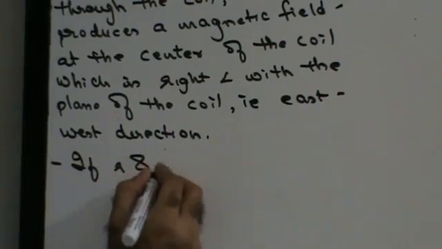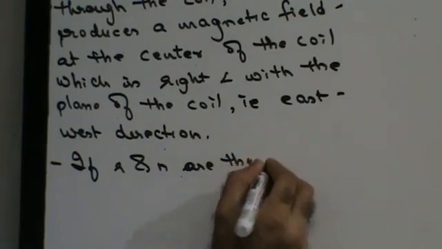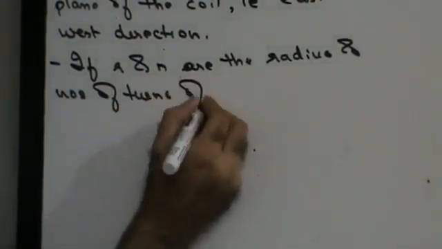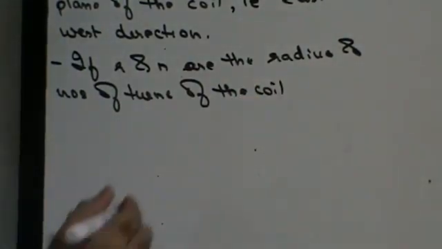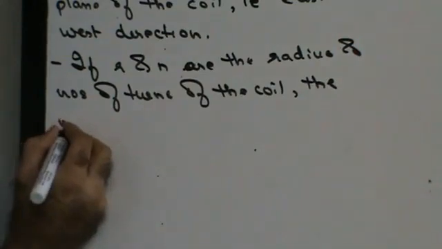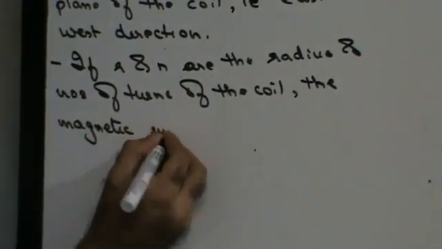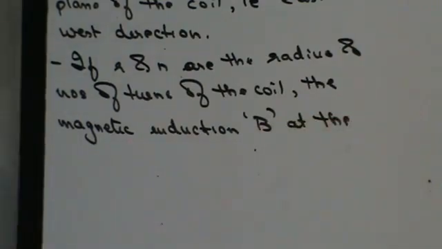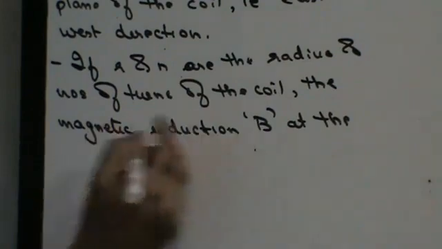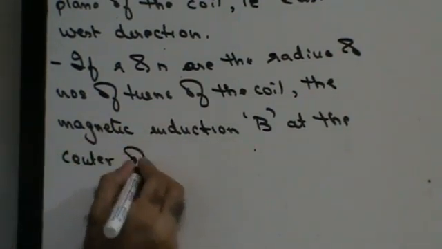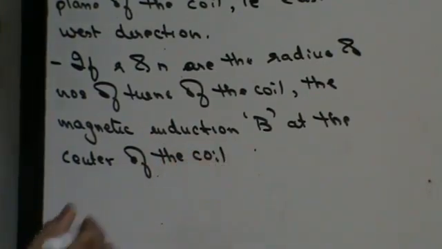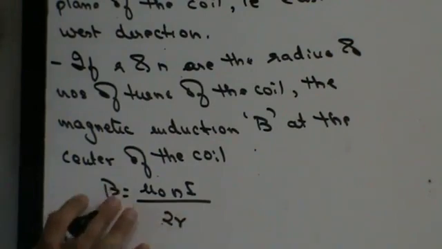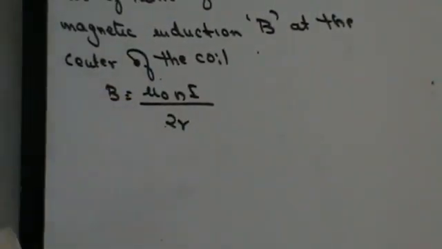Then the magnetic induction B at the center of the coil is given by B is equal to mu 0 Ni upon 2R.